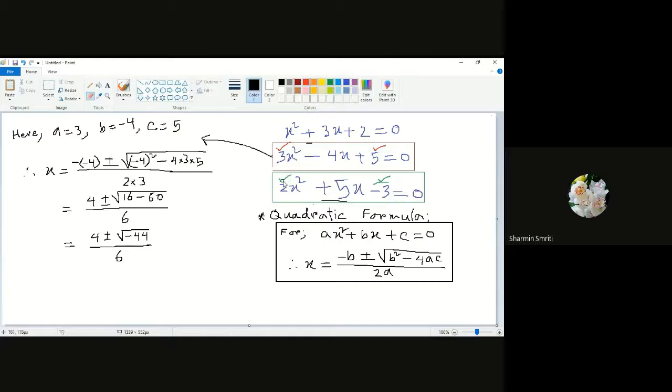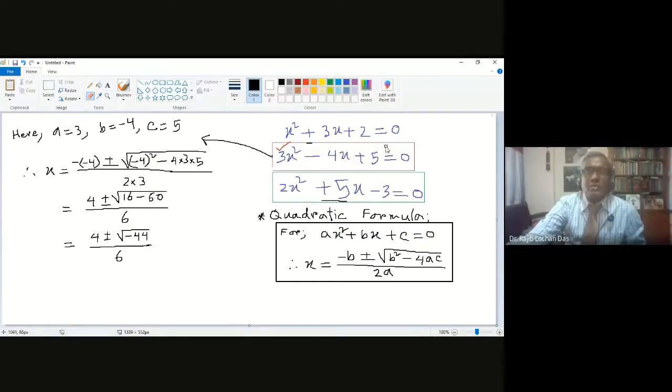What is root of? I could not understand you. Tell me again. What is this? What is root over minus 44?